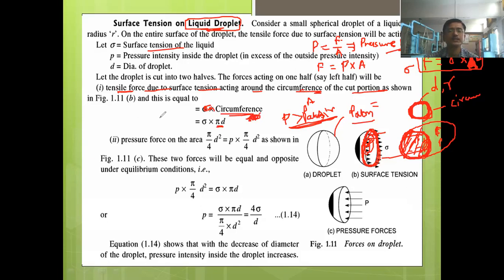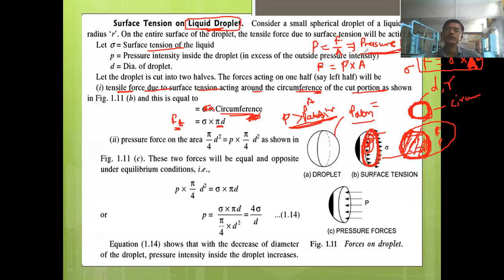So this surface tensile force can be denoted by the letter Ft. Ft is equal to sigma pi d, and this is equal and opposite to which force? That is pressure force.